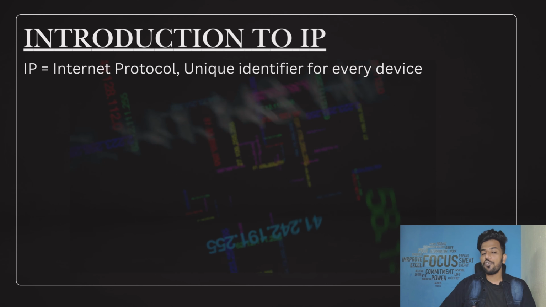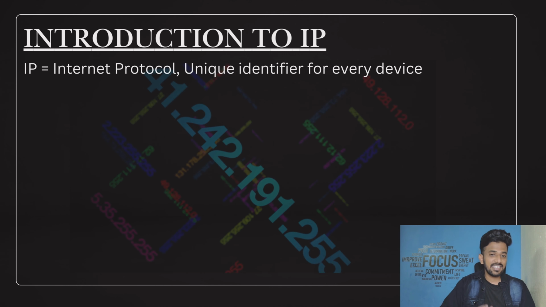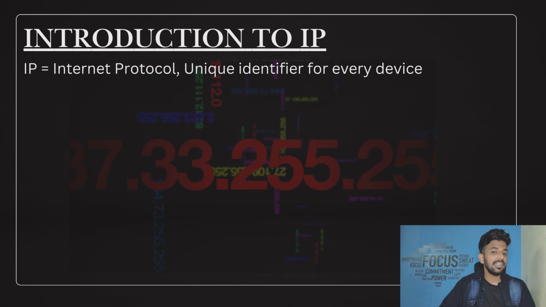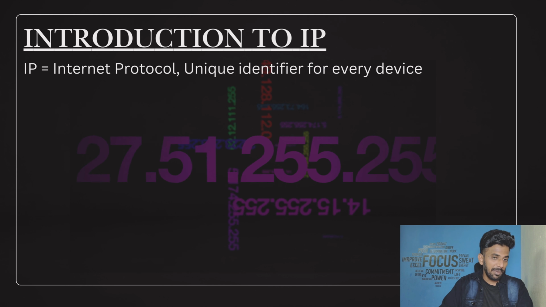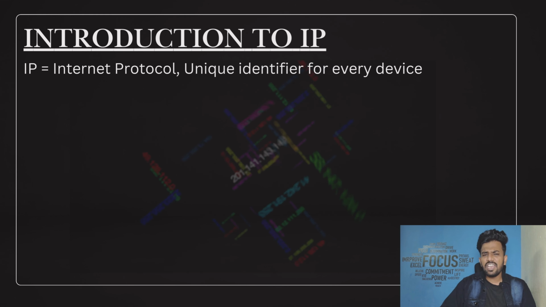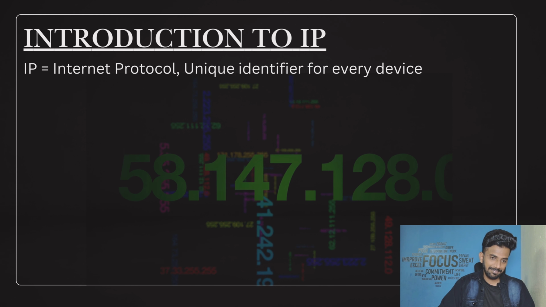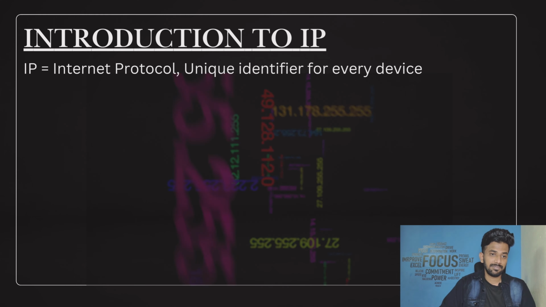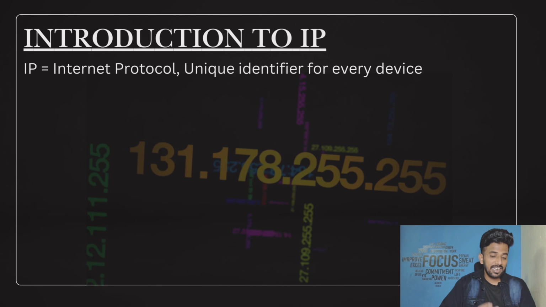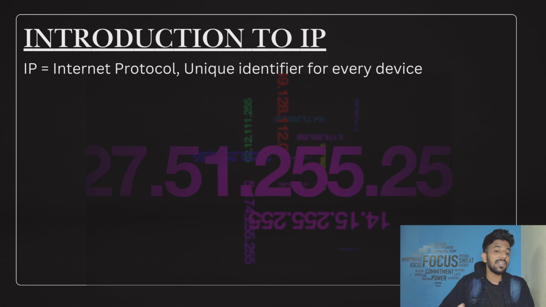Okay? So if you observe, every device connected to the internet is assigned an IP. The reason we assign the IP address is very simple. Whenever you access something online, your IP address acts as an identity of your device. It tells us that the data can be sent to and received from the correct device.